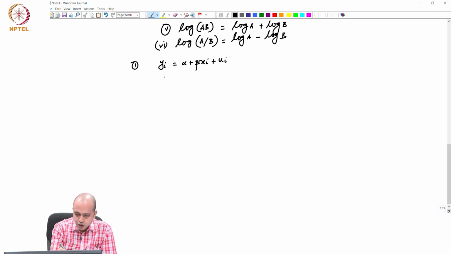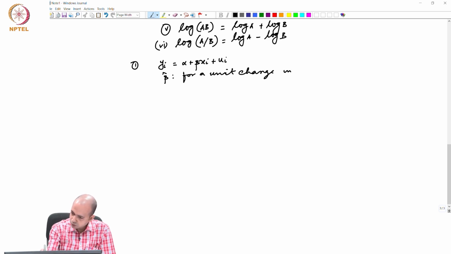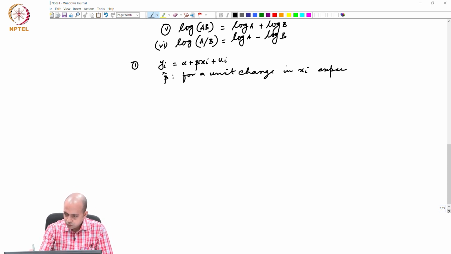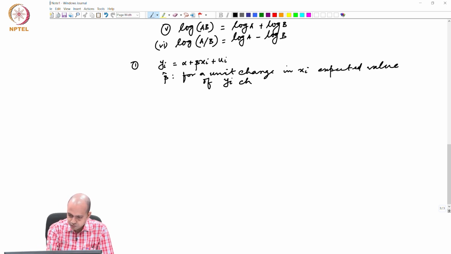This is the linear model, and what is the interpretation of beta hat from this model? As we all know, for a unit change in xi, the expected value of yi changes by beta hat amount.